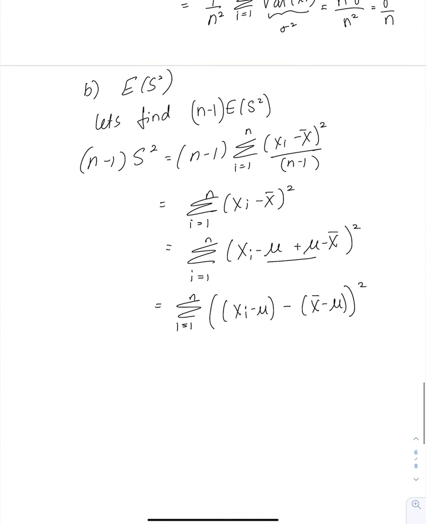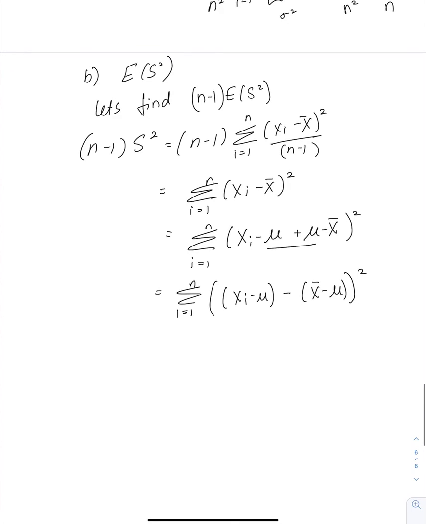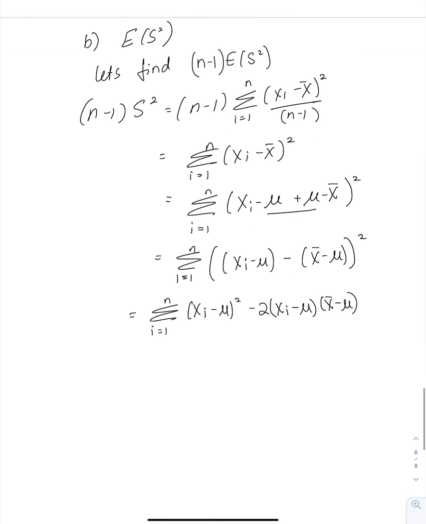All right, so let's write down what this square is going to be. It will be the sum, i going from 1 to n, of xi minus mu squared, minus 2 times xi minus mu times x bar minus mu, plus x bar minus mu whole squared.